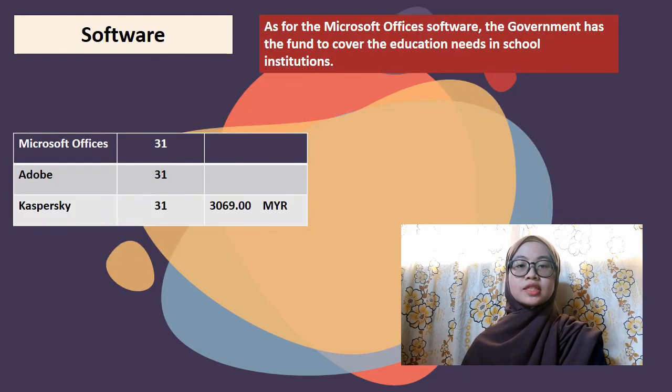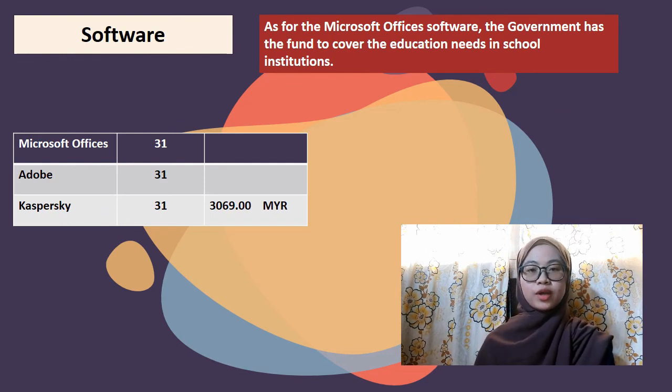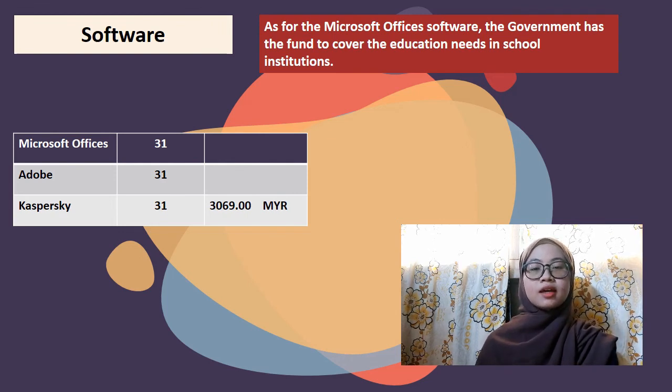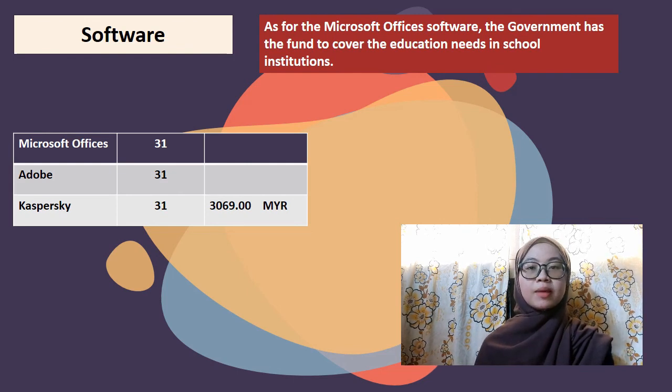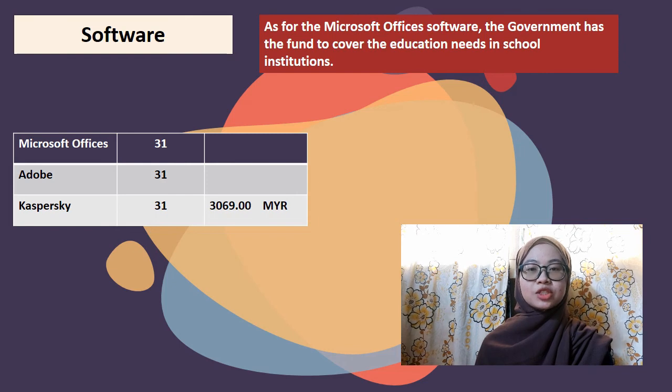As for the software, we decided to provide three software, which is Microsoft Office, Adobe and Kaspersky for computer security, which is antivirus. And for your information, the Microsoft Office itself is funded by the Ministry of Education of Malaysia, and they have a fund to cover education, especially for school institutions in Malaysia.